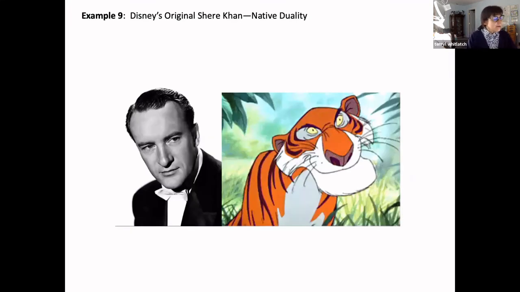A great example is from Disney's Jungle Book. The actor George Sanders voiced Shere Khan, and he also provided the caricature of Shere Khan. So Shere Khan is both a tiger, but he's also a caricature of the actor who voiced him. And it's just a marvelous one. Disney is absolutely wonderful at doing this.